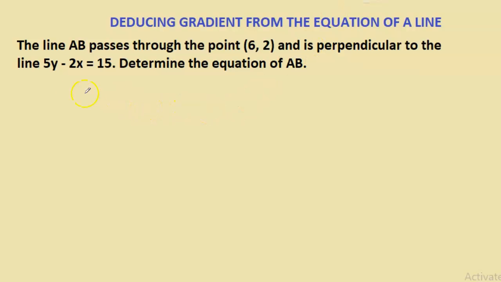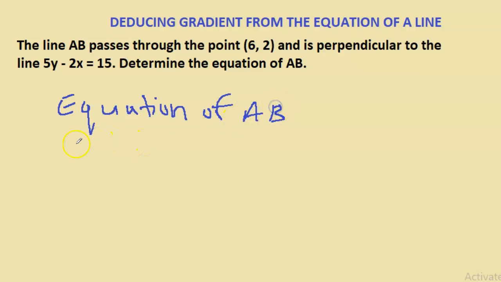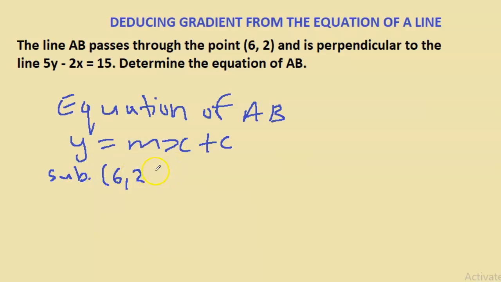So now, the equation of AB, the equation of any straight line, first thing, is y equal mx plus c. Alright? So we know we're going to substitute the point 6, 2 because we are told that AB passes through the point 6, 2.